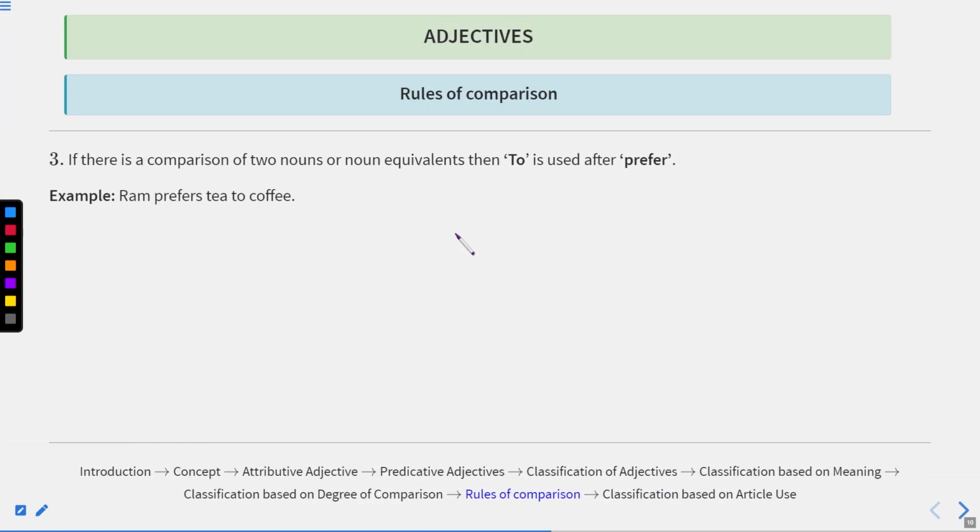If there is a comparison of two nouns or noun equivalents, then "to" is used after prefer. For example, Ram prefers tea to coffee. If I use the word prefer, again, I have to use the word "to", not "than". If there is a comparison of verbs, then "rather than" is used after prefer. Whenever we make a choice between two verbs, we should use "rather than" instead of "to" after prefer.